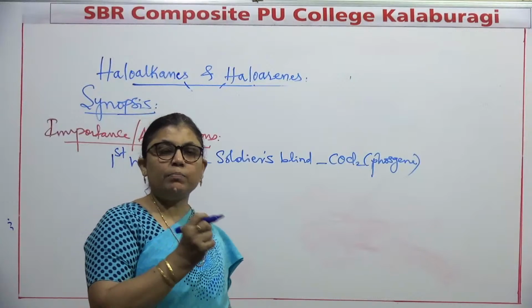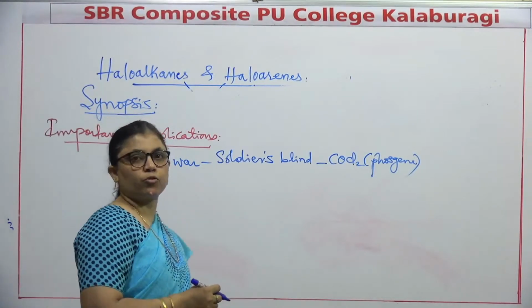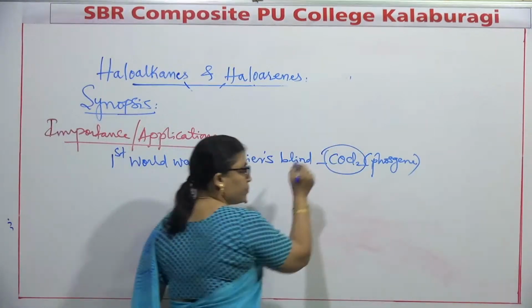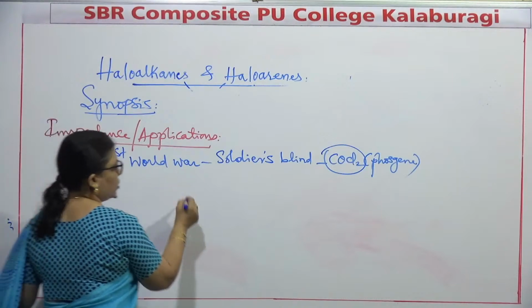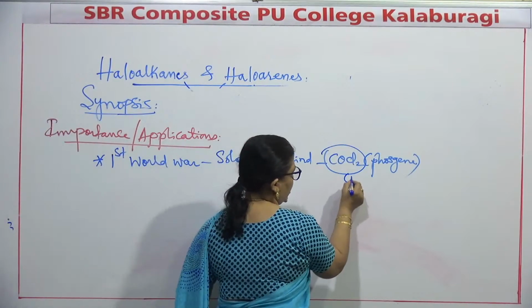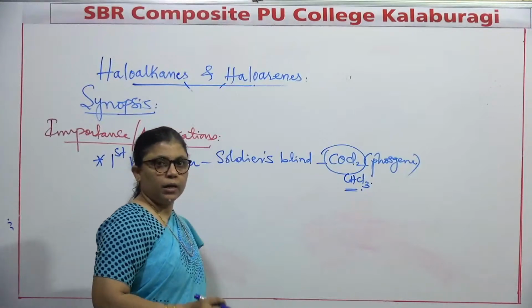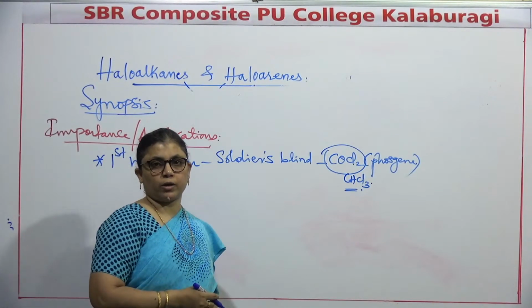Around 85% of casualties at that time were due to the blindness of soldiers. And this phosgene was prepared from chloroform, CHCl3. Chloroform has highly toxic and corrosive action.